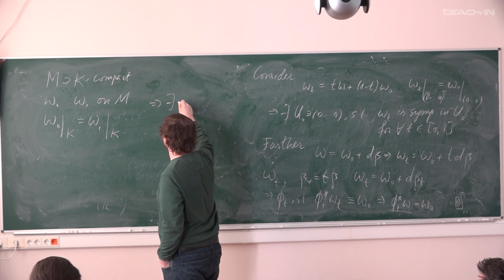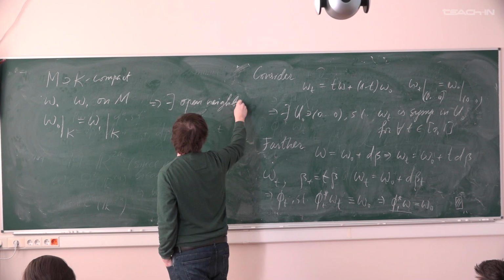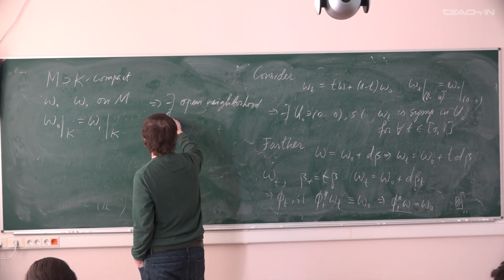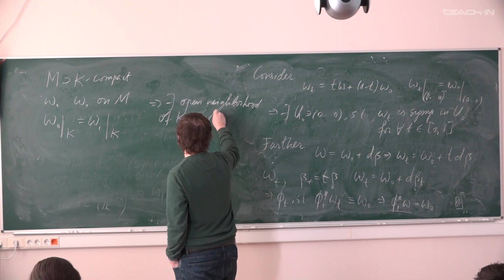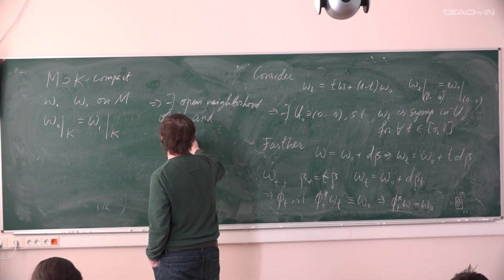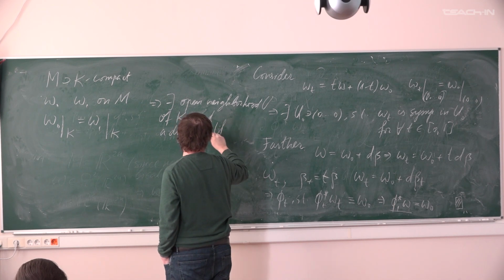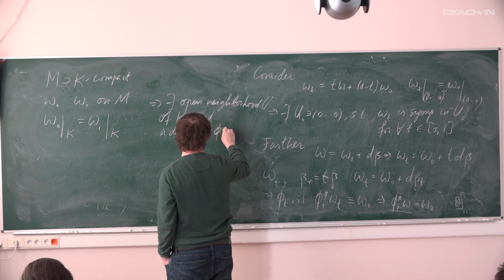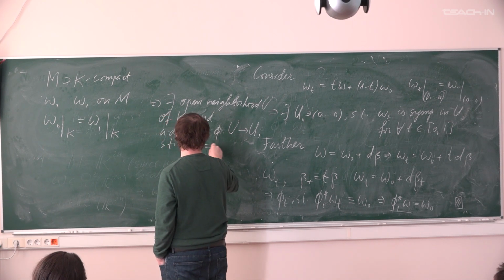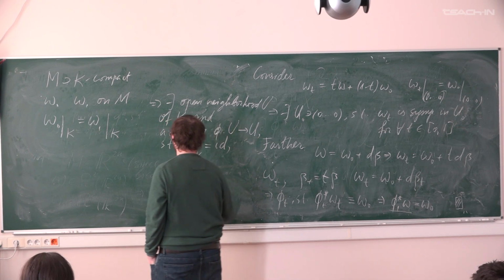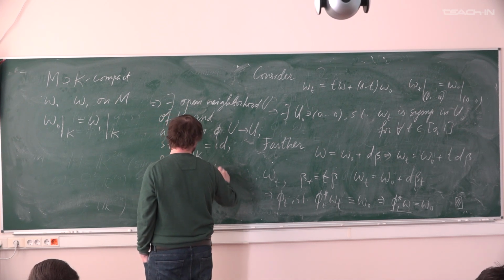Then there exists an open neighborhood U of K, and a diffeomorphism φ of this neighborhood U to U, such that φ is identical on K and φ star of ω1 is equal to ω0.